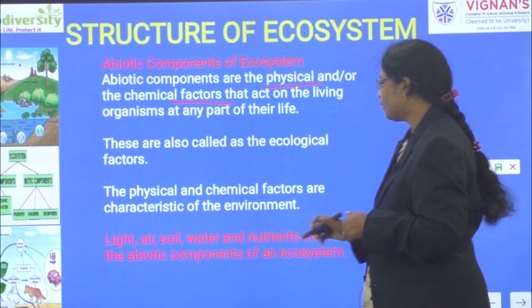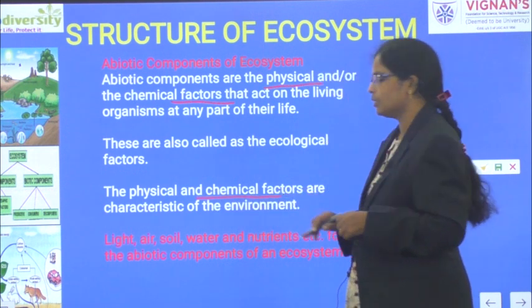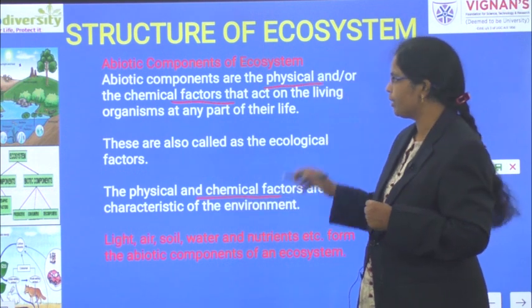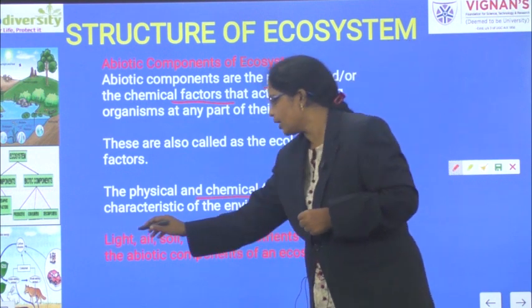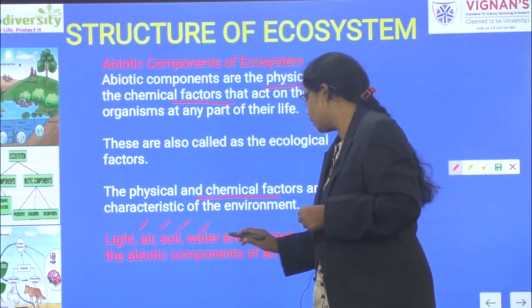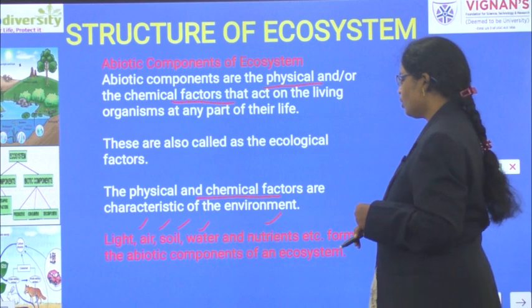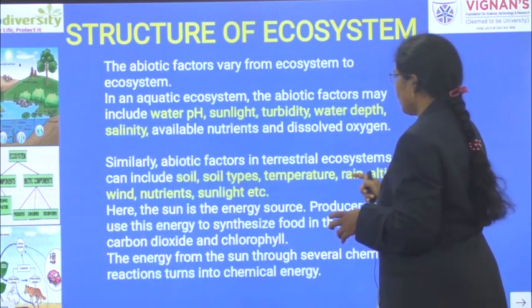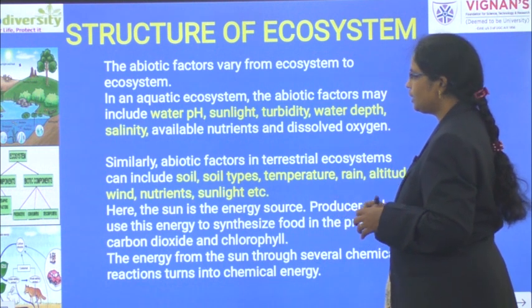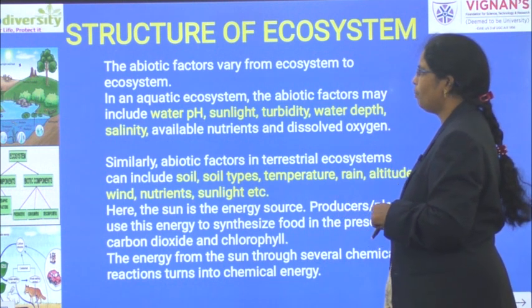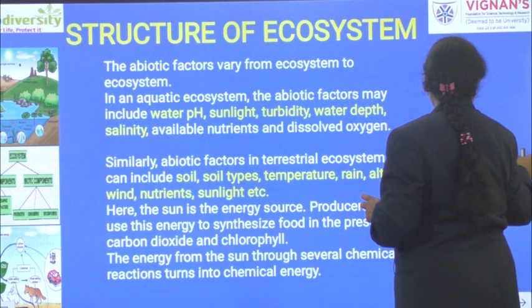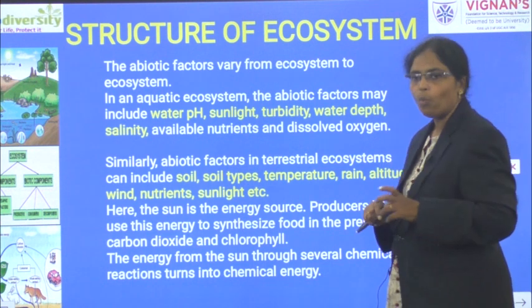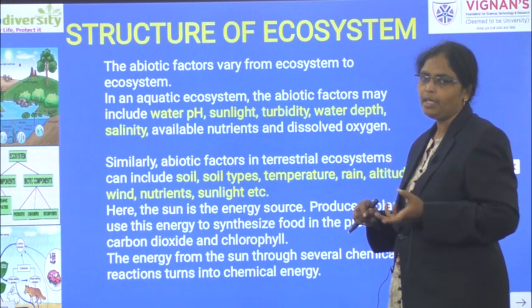So here the physical and chemical factors. The examples of these abiotic components are light, air, soil, water and nutrients. So all these form the abiotic components of the ecosystem. And if you see the detail of these abiotic components, they vary from one ecosystem to another ecosystem.